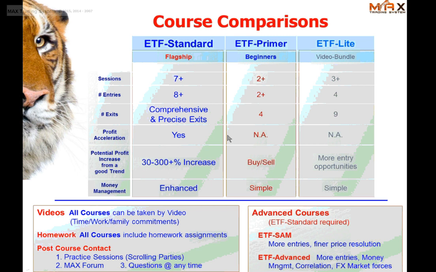So with the Standard, you run with 7 sessions as opposed to 2 for the Primer. You have over 8 different entries with the Standard as opposed to about 2 for the Primer. And with the Standard, there's a huge list of exits. If you're trying to scale in and want to make as much money out of a trend as possible, then you need as many details and information on how to limit your risk as possible.